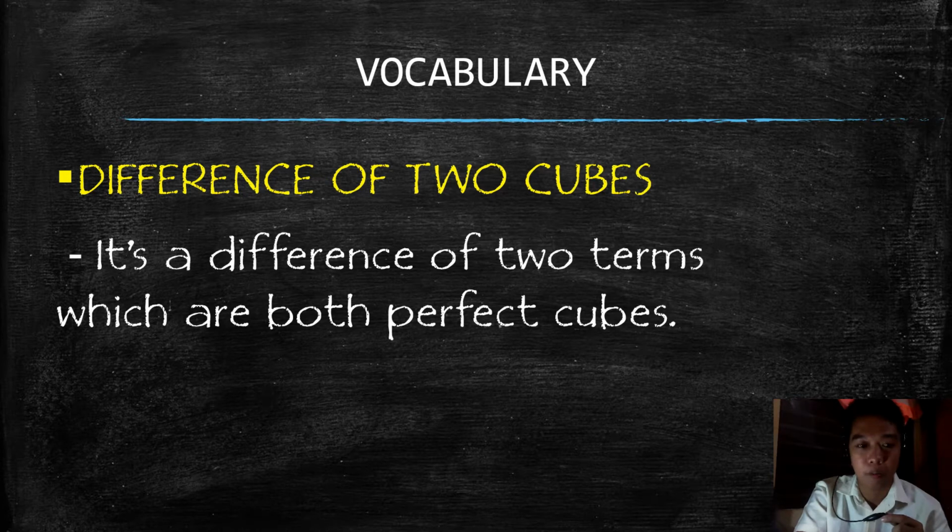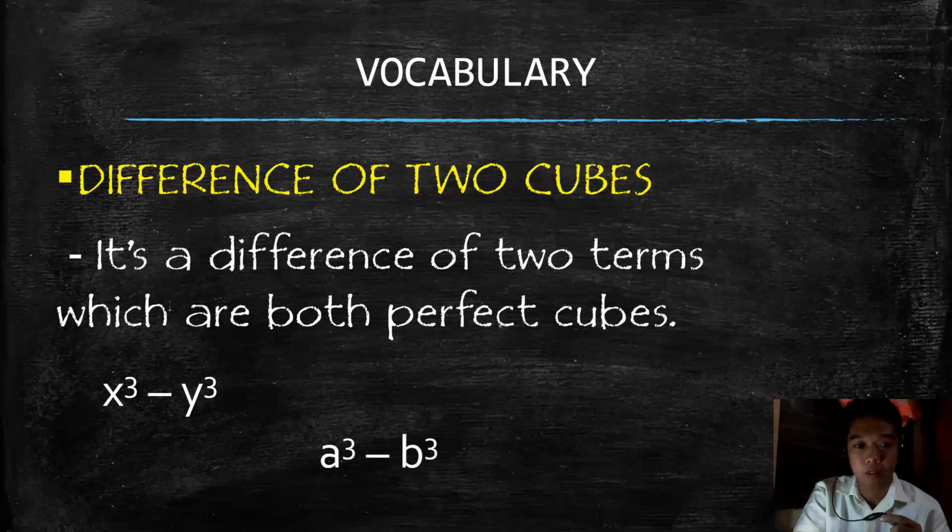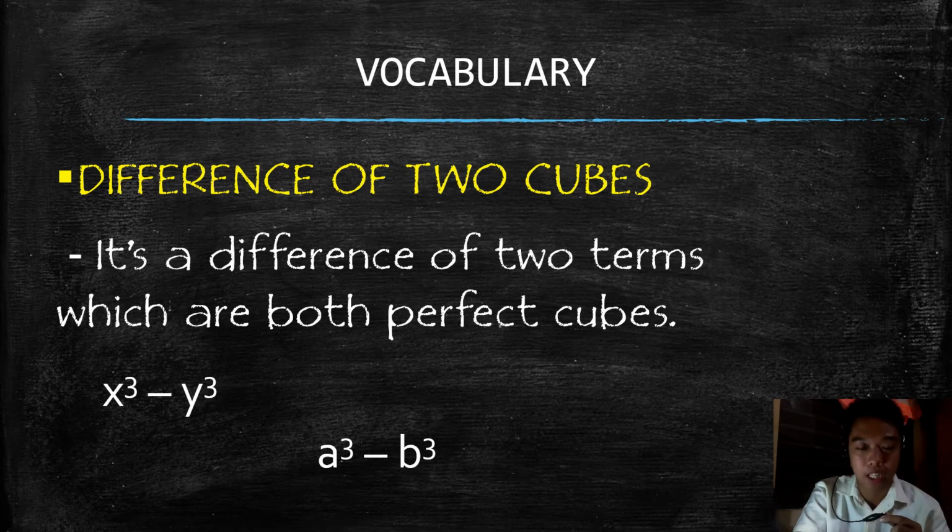Okay, so I have here examples. So later on, mas malalaman nyo yan pag meron na tayong mga isosolve. Okay, so let's ipa-factor out. Okay, so x cubed minus y cubed. And then we also have a cubed minus b cubed. Okay, variables sila lahat. And combination of variables and numbers.